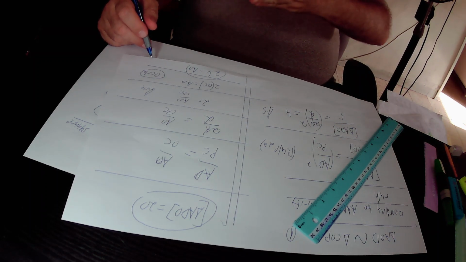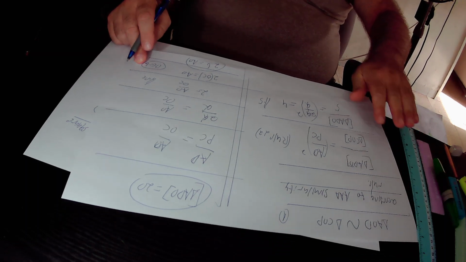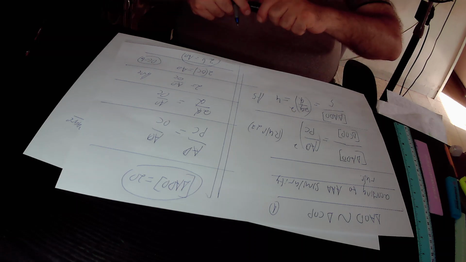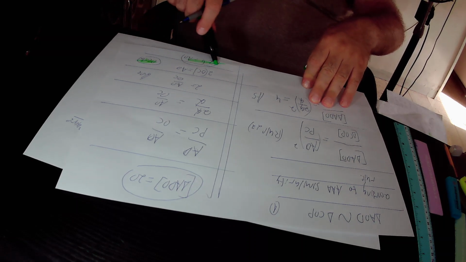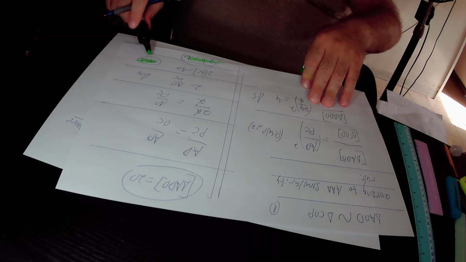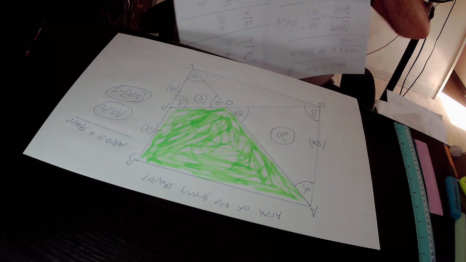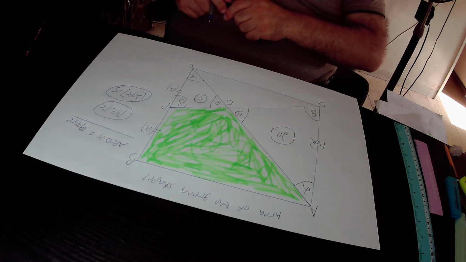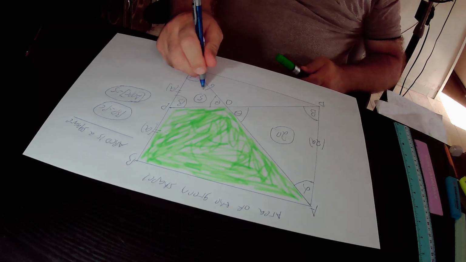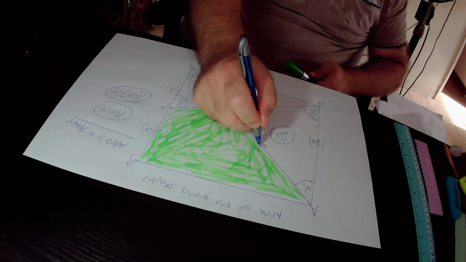That is to say, AO is twice as long as OC. So OC equals B and AO equals 2B. So write it down: if the length of OC is B, then the length of AO is 2B.